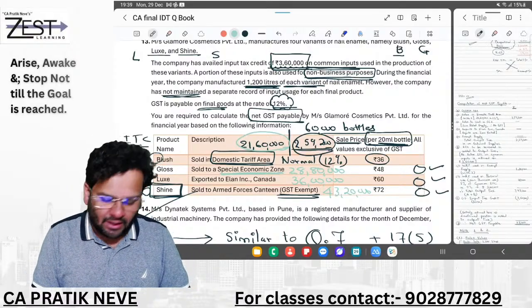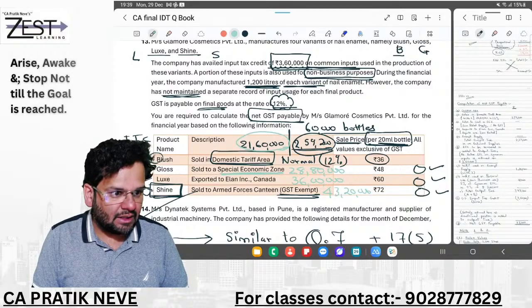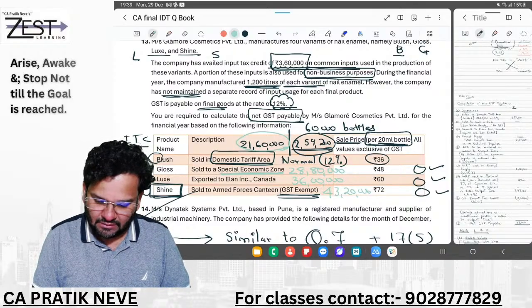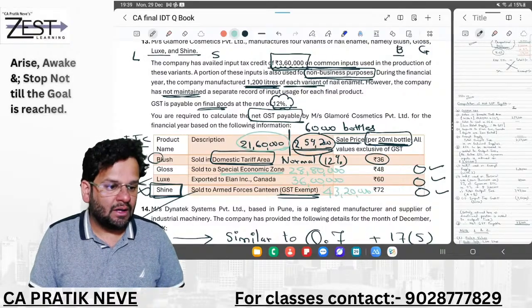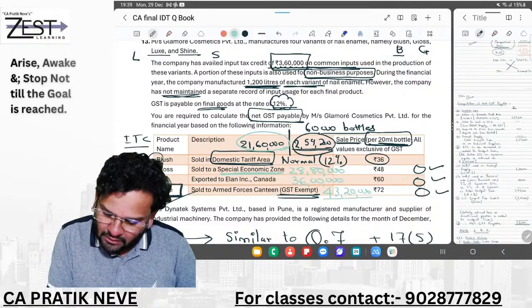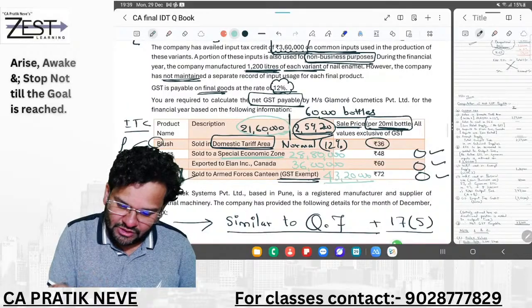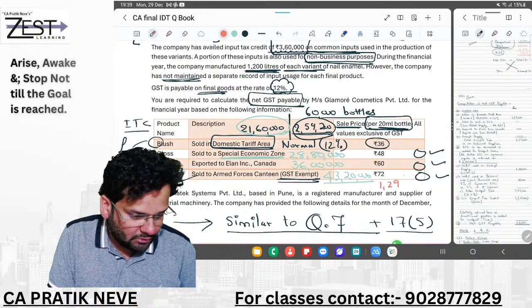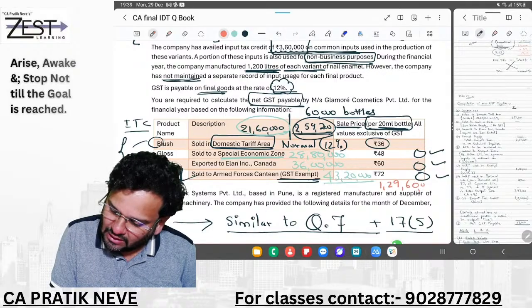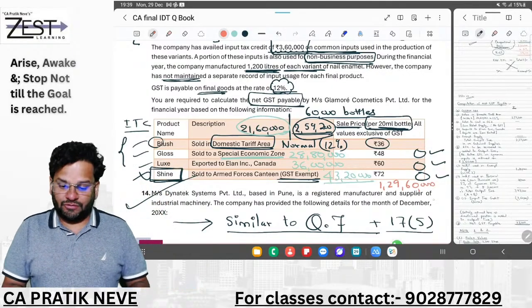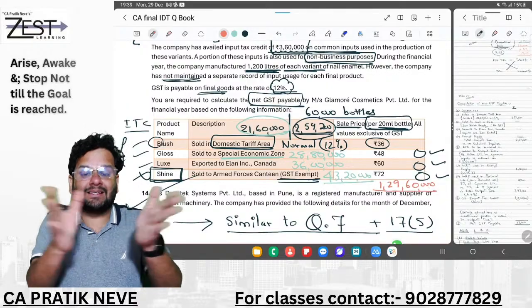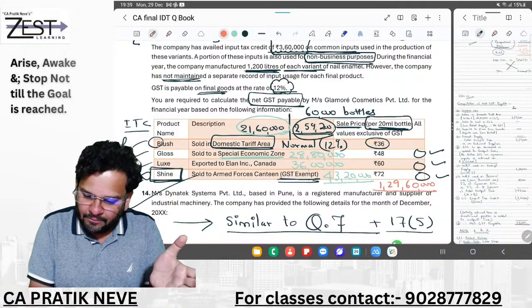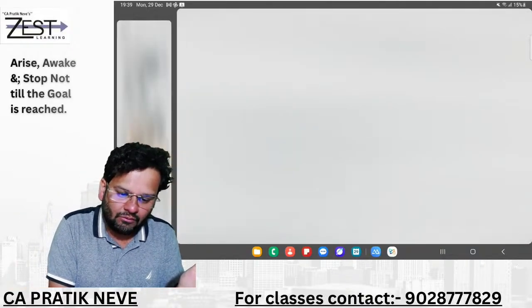So 43 lakh 20,000 plus 36 lakhs plus 28 lakh 80,000 plus 21 lakh 60,000. Are you all getting 1 crore? Check, tell me, are you getting 1 crore 29 lakh 60,000? So friends, if you are getting 1 crore 29 lakh 60,000 as total turnover, very good answer.